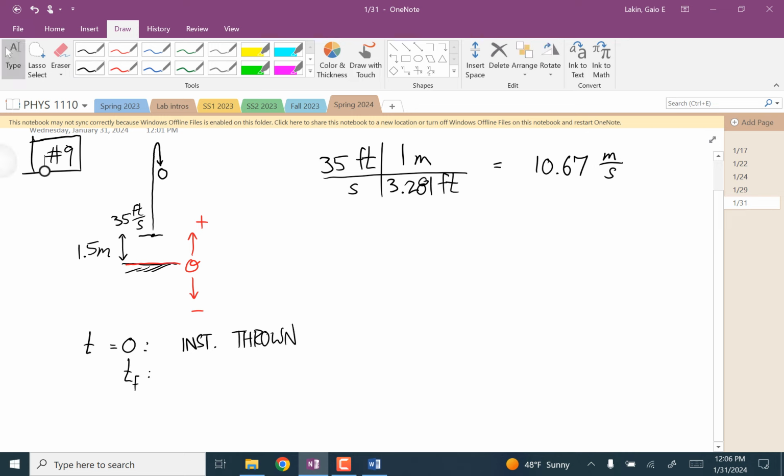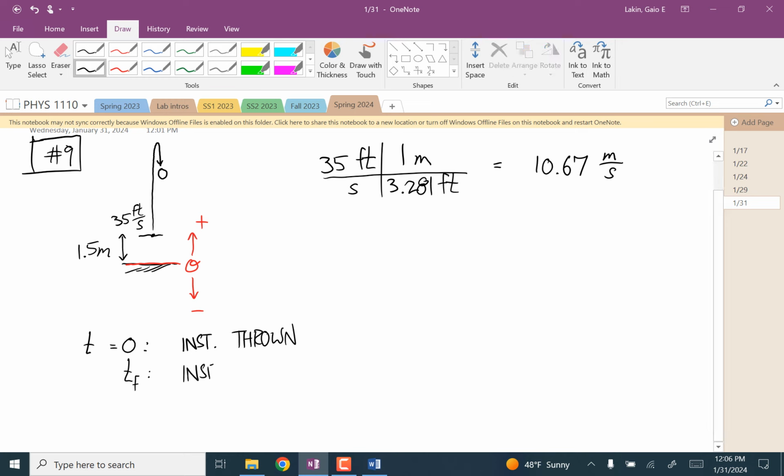And we're choosing that because we're given information at that instant. So the information that we're given is going to help us with things like initial position and initial velocity. And then time final is going to be the instant it reaches the highest point, because we're trying to calculate something there. If you're trying to calculate something at an instant, you know that you have to make that instant one of your 2 choices.